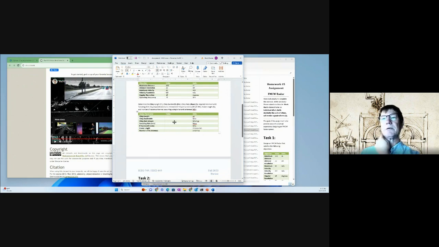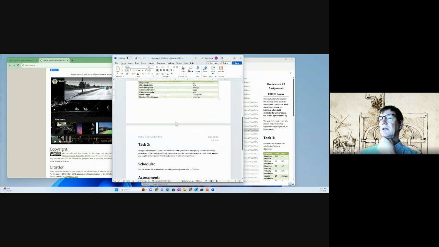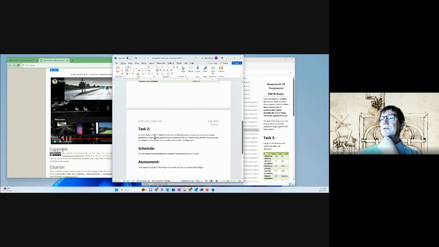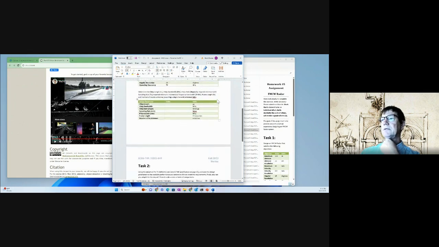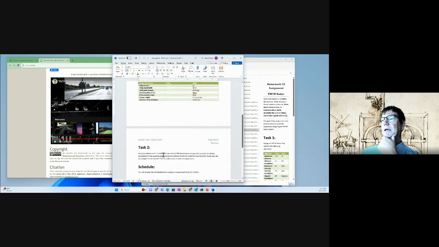Use the equations I put in that summary slide at the end of that section of the lecture. And then also look at that data sheet. It should be on Moodle for that part. Look at that table I highlighted. Compare it to this. And discuss it. Will that chipset be able to implement all these things? And if not, what do you need to do to kind of adapt it?